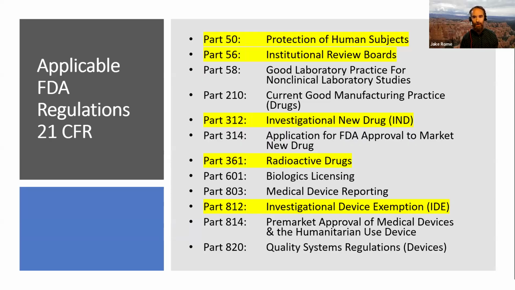But it's important to note that even though we're going to talk about the regulations they apply to research, often the regulations are applying before you get to the point of conducting a clinical study. So for example, good laboratory practices may apply if you're doing bench testing for drugs.